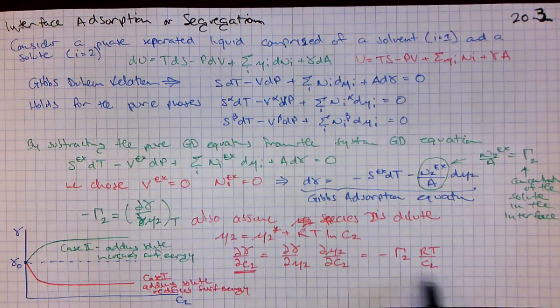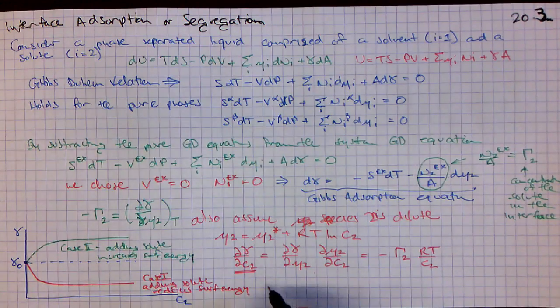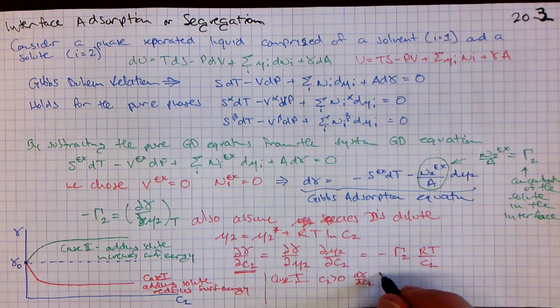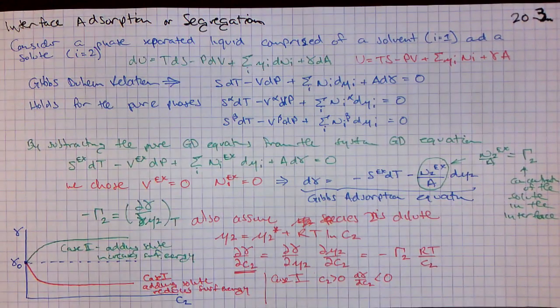And what this tells us is that in case 1, right, we know C_2 is greater than 0, right? We know d gamma dC_2 in case 1 is negative, is less than 0, right?